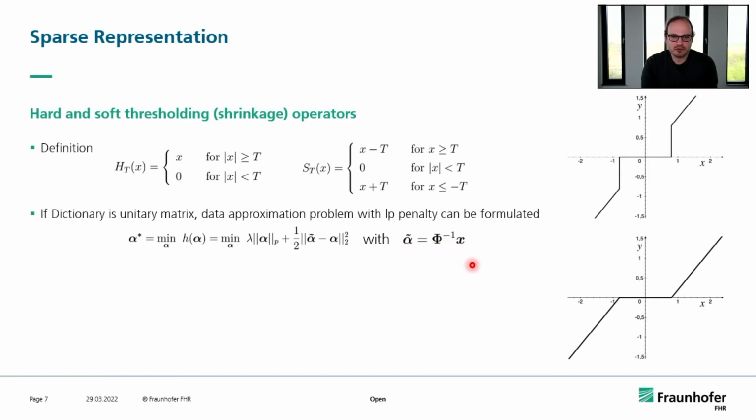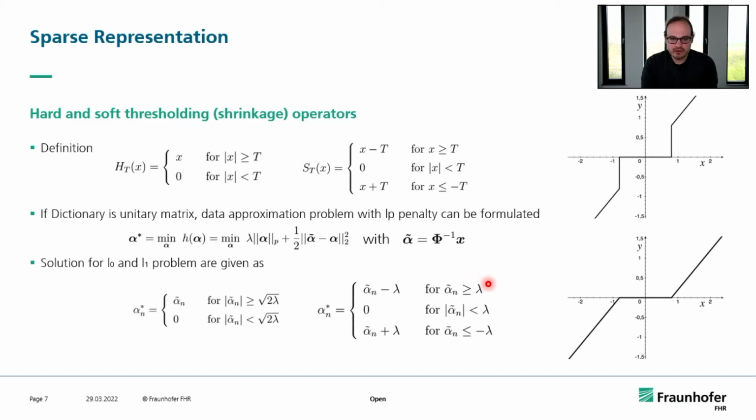And then if we want to minimize the L1 and the L0 terms from the slide before, so we put here p to 0 or p to 1, then we actually get these two terms for the solution. And these are exactly the terms of the hard and soft thresholding. So these basic elements of hard and soft thresholding give us a solution for this problem. And this is what is used in the so-called iterative thresholding algorithms for sparse approximation.